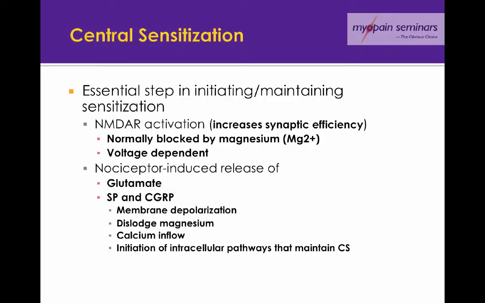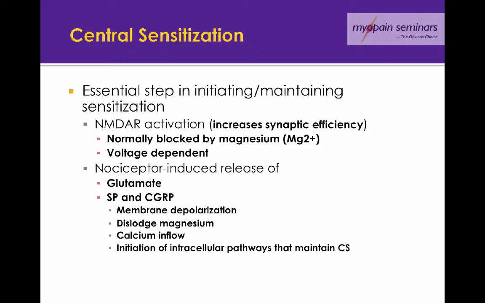As you saw in the video, the essential step is ultimately the activation of the NMDA receptor, which allows ionized calcium to flow into the cell. You can see that the NMDA receptor normally is blocked by a magnesium molecule that is removed in the process of phosphorylation.